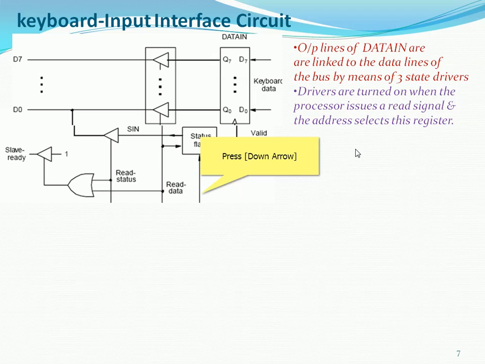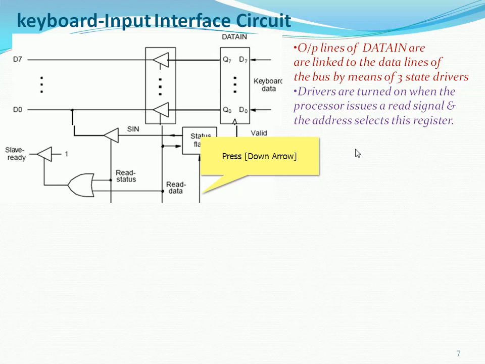The status flag goes to SIN, and the tri-state driver has a controlling input coming from this side, the read status. Read status works as a control valve for SIN. If SIN is input, it becomes output only when the read status is enabled, in the high state; otherwise no output is generated. So this status flag will be there.